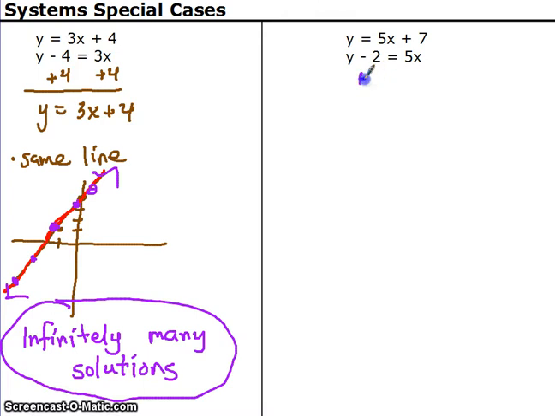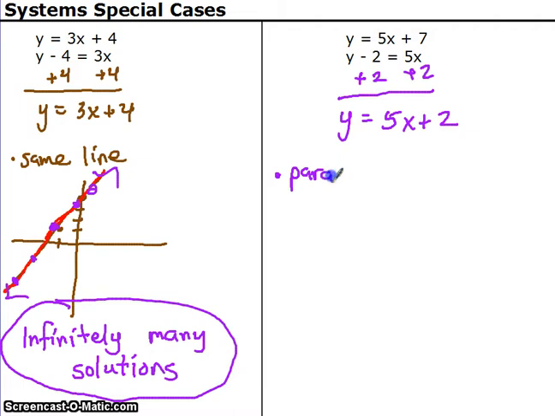Over here, if we add 2, we'll get this one in y equals form, and we get y equals 5x plus 2. So these have the same slope, but they have different y-intercepts. So they're not the same line. These are parallel lines. And what do we know about parallel lines? They never intersect.